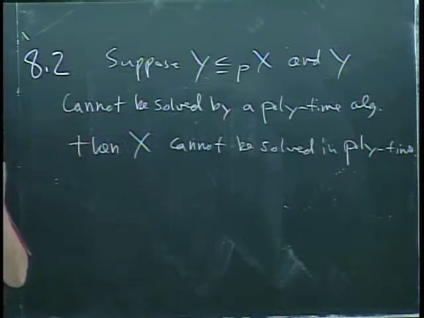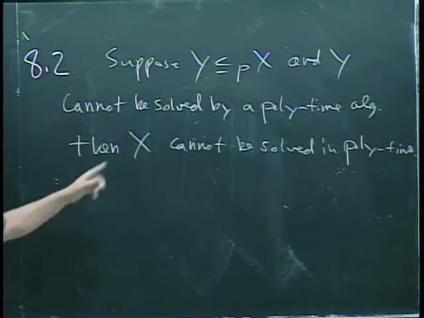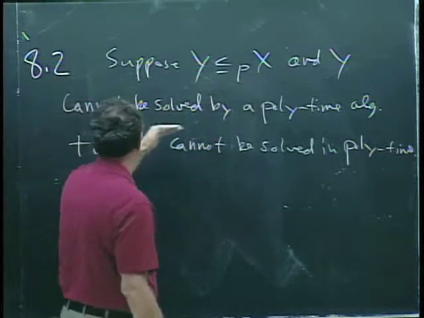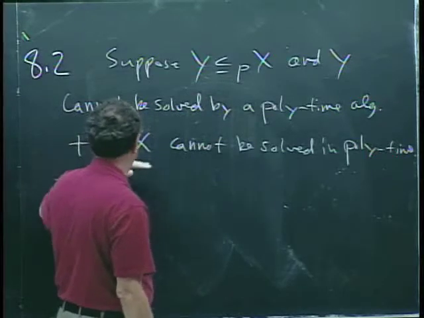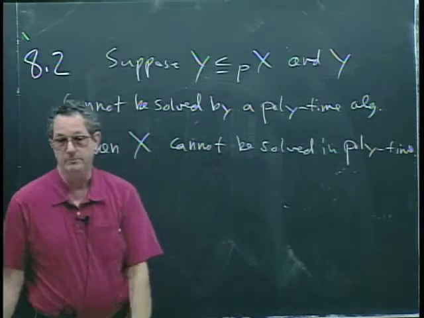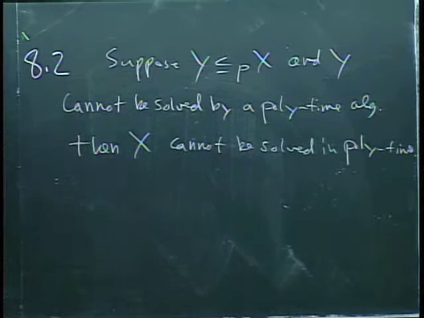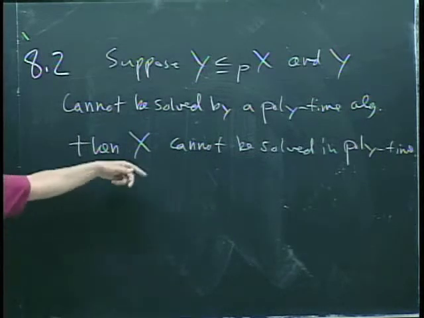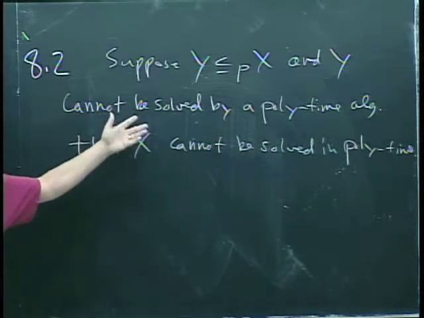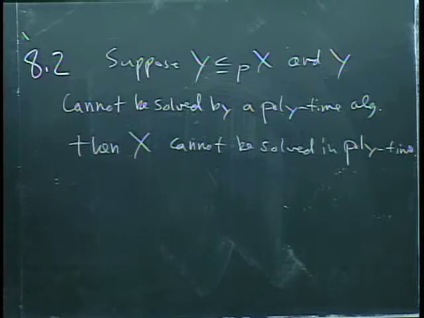If there was no polynomial time algorithm to solve y, and y can reduce in polynomial time to x, then x cannot be solved in polynomial time. These two are the same. These two say the same thing, just one is in the contrapositive form.